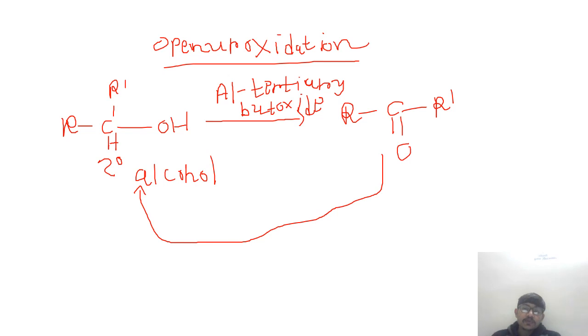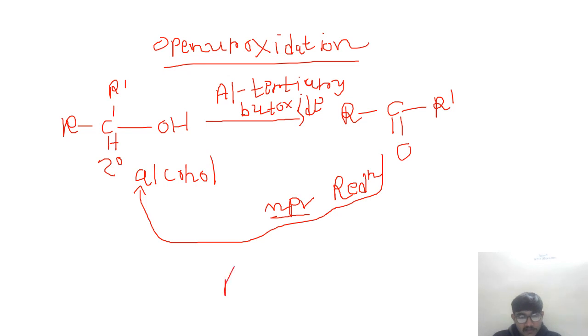Same way, if you take acetone, propanone, and do MPV reduction, which is Meerwein-Ponndorf-Verley reduction, I have written just R here for the reduction, or I just write Redn, which is a short form of reduction. So in MPV reduction, this ketone is going to convert into the 2-degree alcohol again. That's why it's the reverse of Oppenauer oxidation.